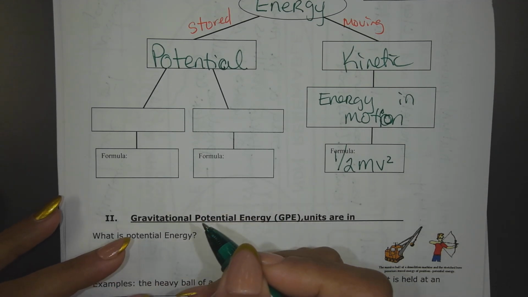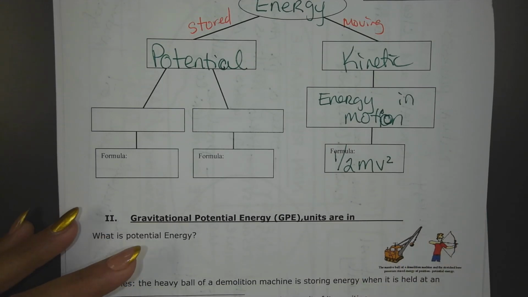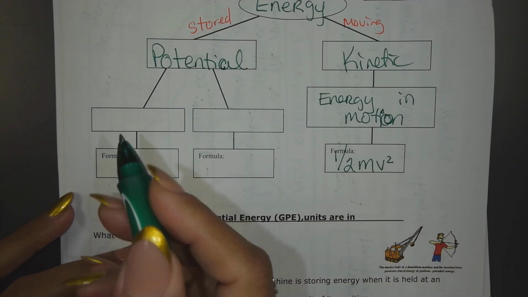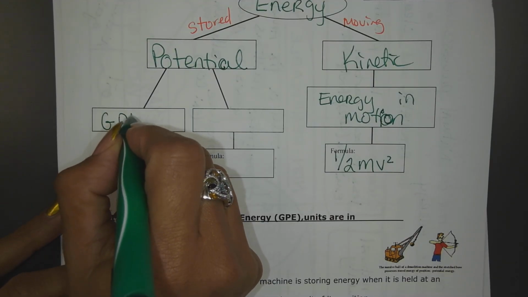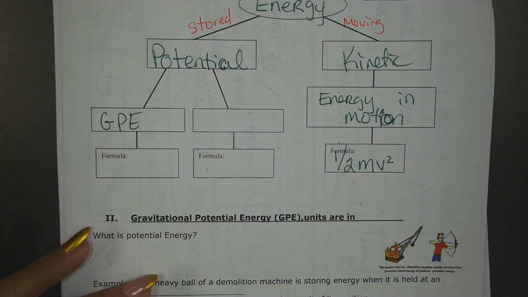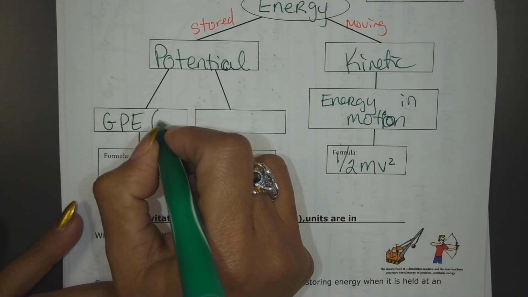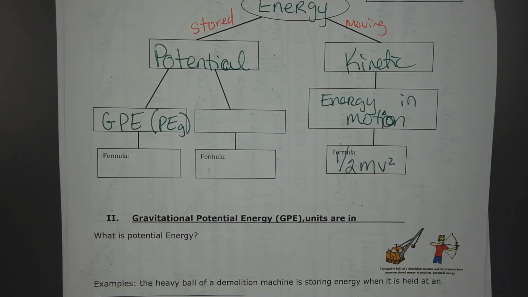Next one over here is potential energy. Now, there's 2 types of potential energies. The one that you are probably more commonly familiar with is GPE, or sometimes it's written in the way of PEG. Gravitational potential energy.